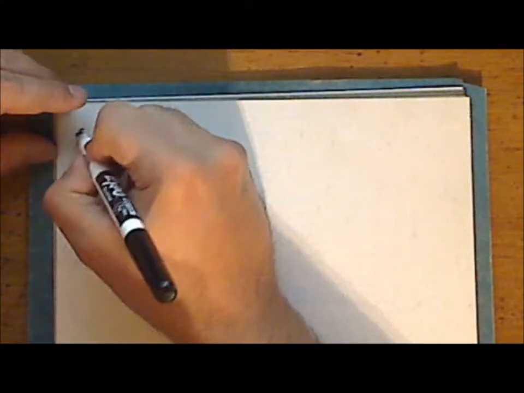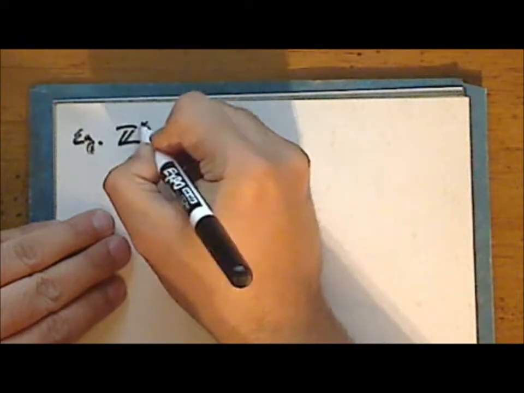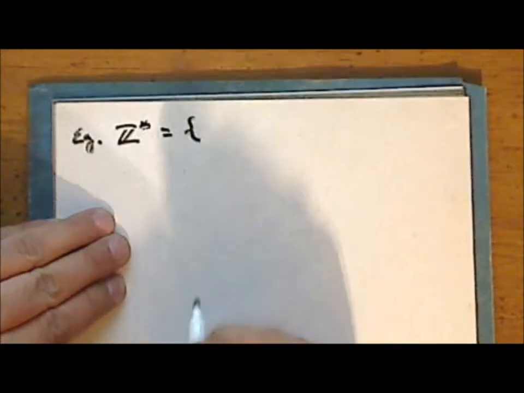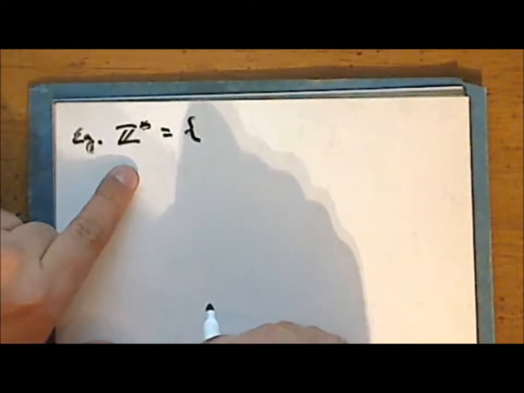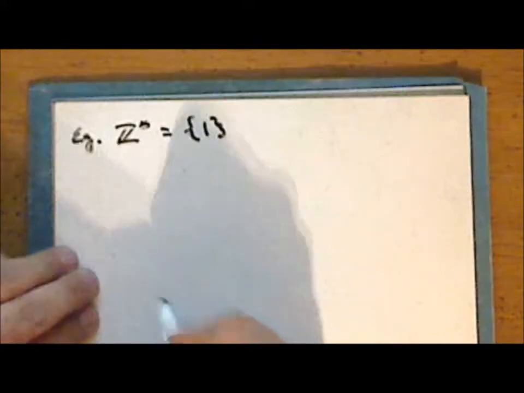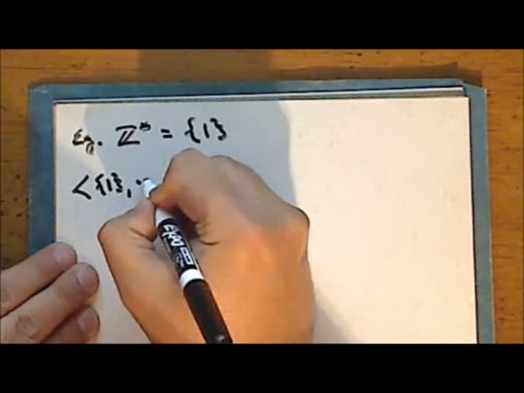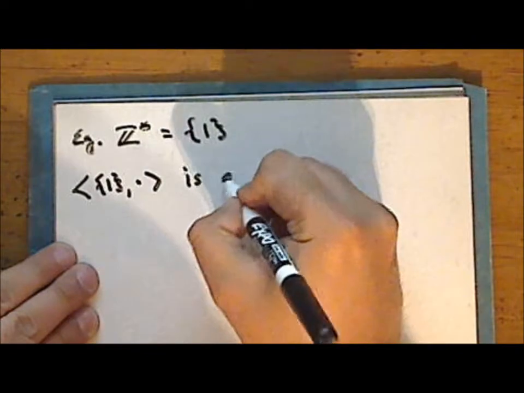So finally, notice that the deleted set of integers, that is the set of those elements in the integers that have a multiplicative inverse, is a singleton set which contains the number 1. And the singleton set containing 1 under multiplication is a group.